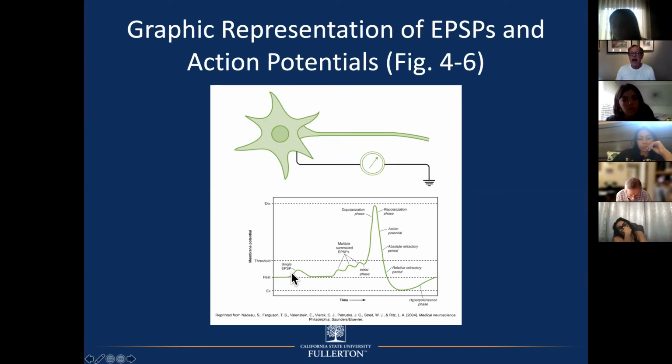If you were adding up IPSPs and EPSPs and you got enough EPSPs in a short amount of time and not too many IPSPs, and they're kind of spread out, you could get that segment to threshold, and then this would happen. So this doesn't show IPSPs, but the principle is the same. It just goes in the other direction. But if you get an action potential, it's always going to go up on this particular graph. It's always going to depolarize. It's going to become less polar than it is at rest, which is minus 70, excuse me.